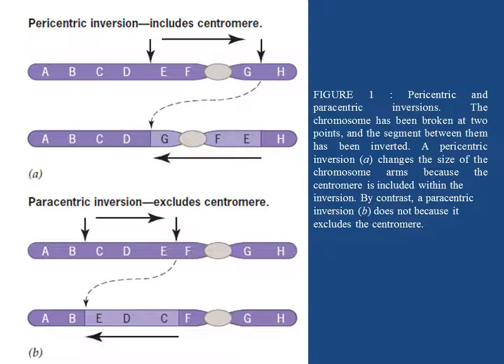In case of pericentric inversion, the length of the chromosomal arm is getting changed in this diagram. Whereas in case of paracentric inversion, after inversion also there is no change in the length of the chromosomal arm. So that's why it is quite difficult to detect paracentric inversions, whereas it's quite easier to detect pericentric inversions.